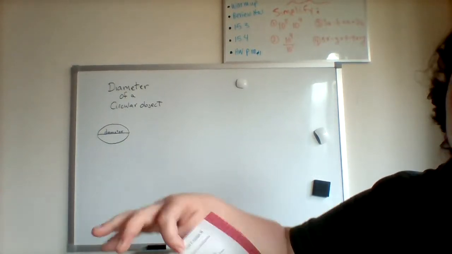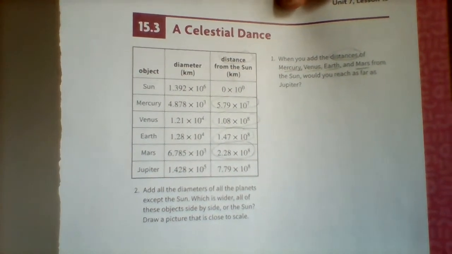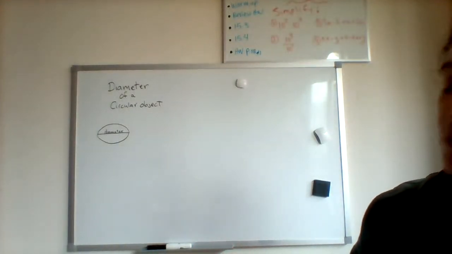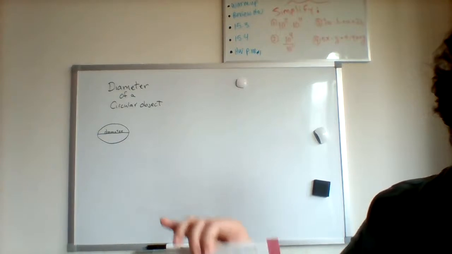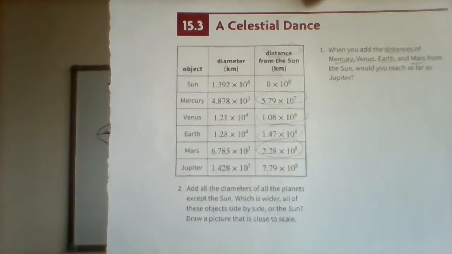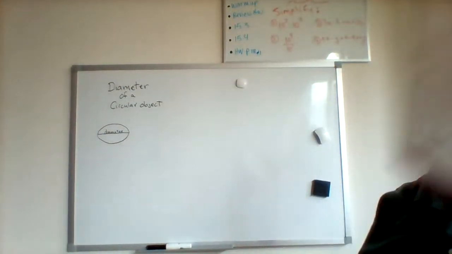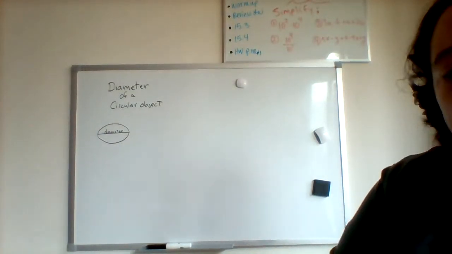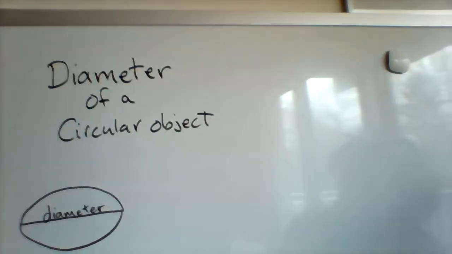And the reason why I circled distance is because what are they asking for in number 1? In number 1, they're looking for distances, right? So I don't want you to get confused with diameter versus distance. Distance and diameter are two different things. Over here, I have a reminder about what diameter is.